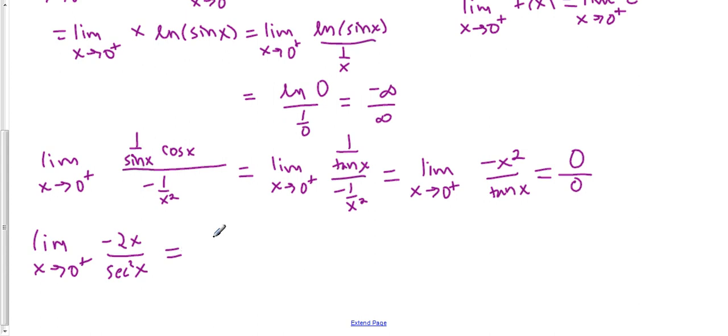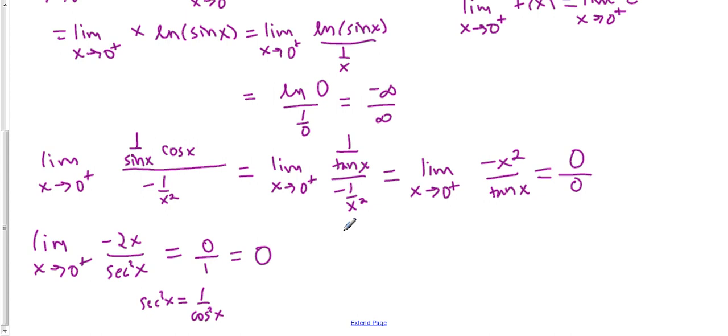So in the numerator, I'm going to get 0. And in the denominator, what am I going to get? Well, remember what secant squared of x is equal to. It's 1 over cosine squared x. And what's the cosine of 0 going to be? 1. So this is going to be 0 over 1. So I'm really actually going to get 0.